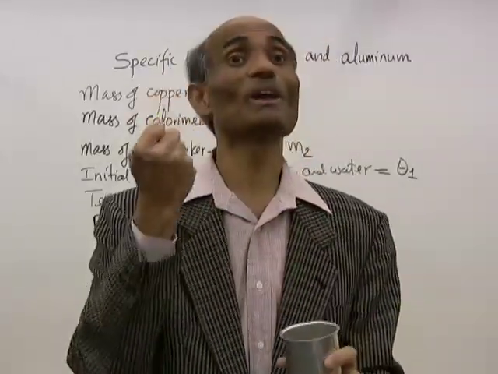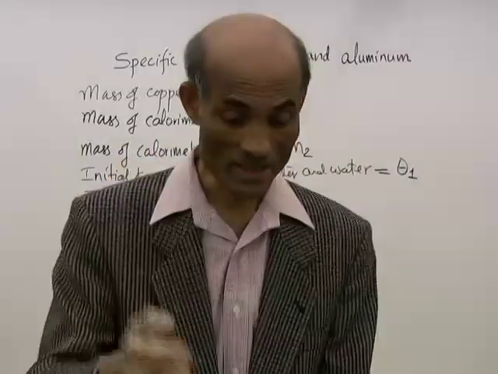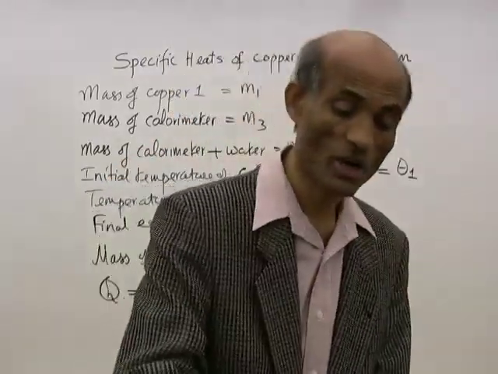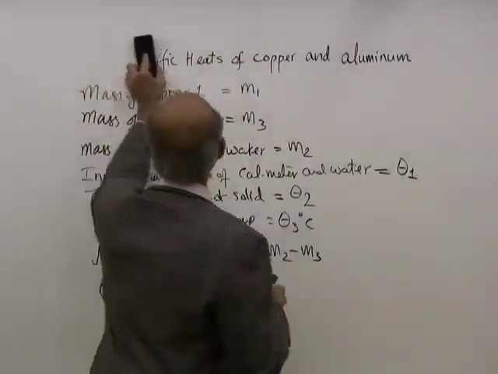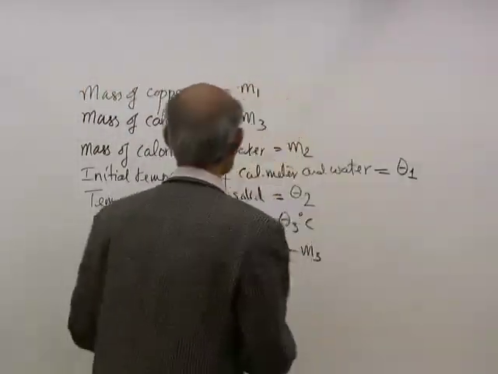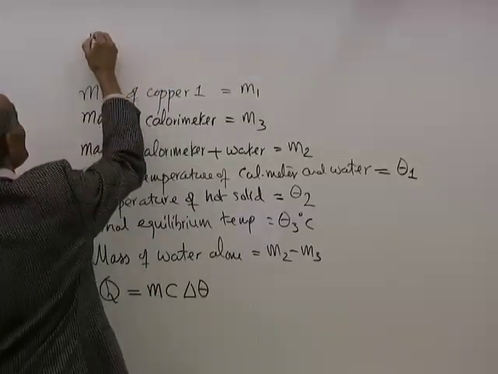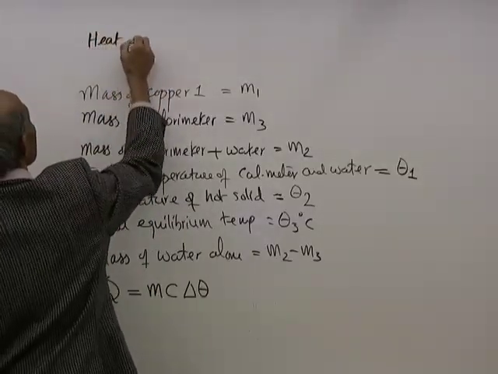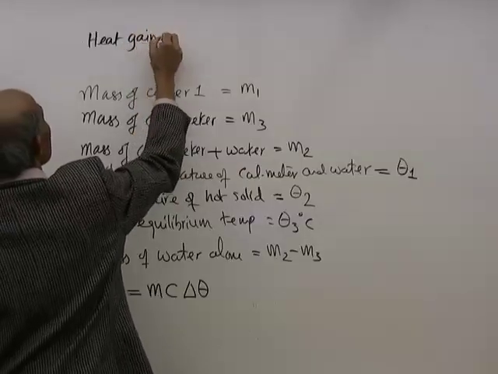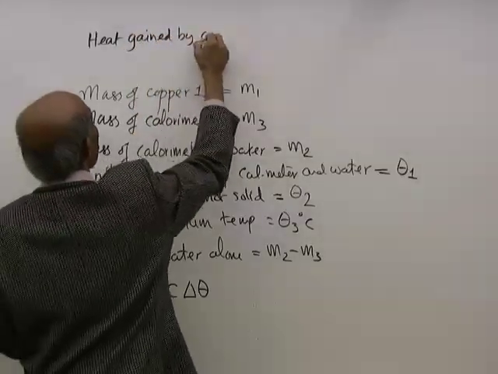Water also will absorb heat. Alright, let's write down those quantities. What is the heat absorbed by calorimeter? I'm going to write that at the top. Heat absorbed by calorimeter, or we say heat gained by calorimeter.